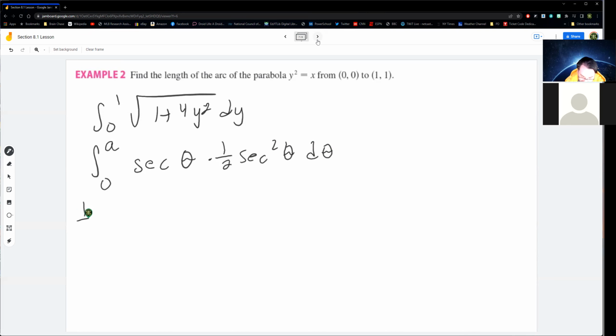So I'm going to pull out the 1/2, and I'll just write up here A equals arctangent of 2. So I have the integral of secant to the 3rd theta d theta.